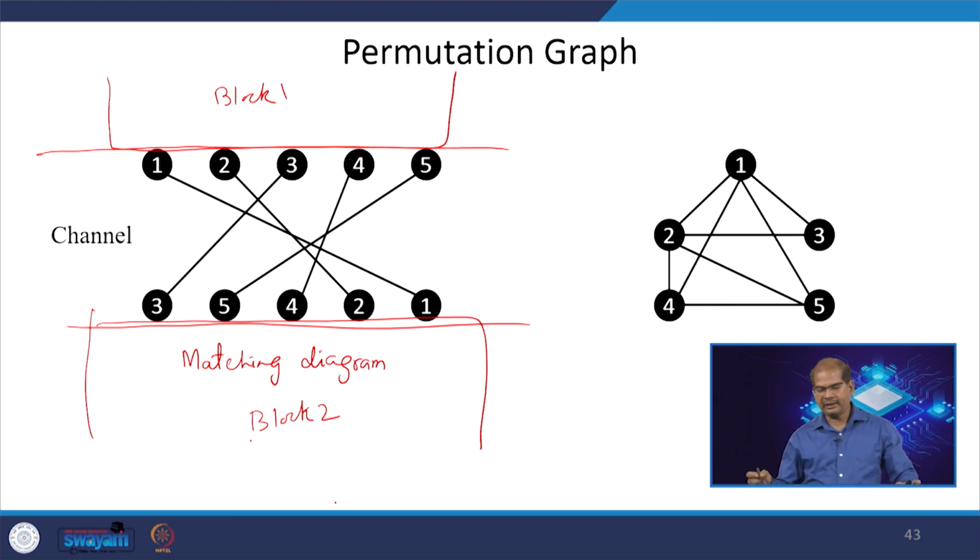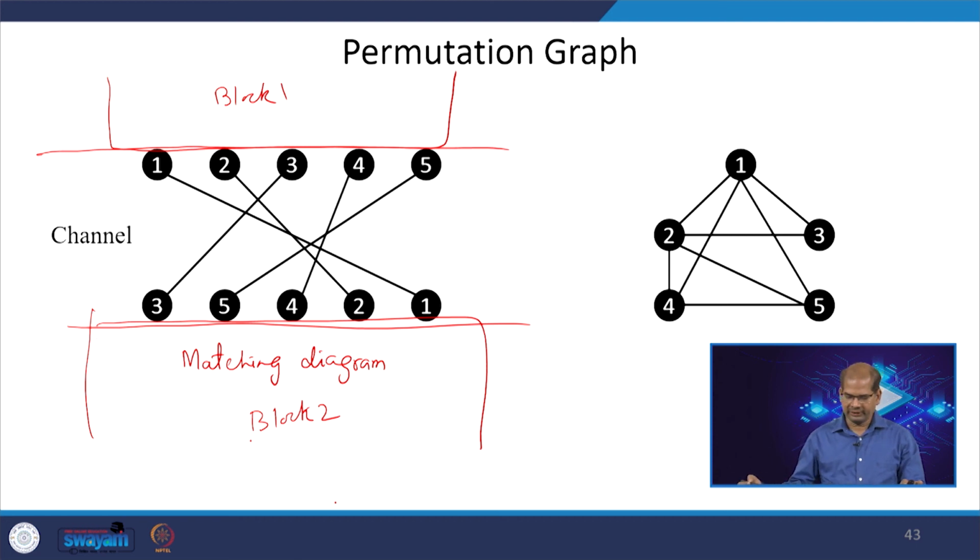So, we can create a permutation graph corresponding to the matching diagram. The corresponding permutation graph is that 1 intersects 2, 3, 4, 5. 1 has an edge between 2, 3, 4 and 5. Similarly, 2 is connected to 3, 4 and also 5.